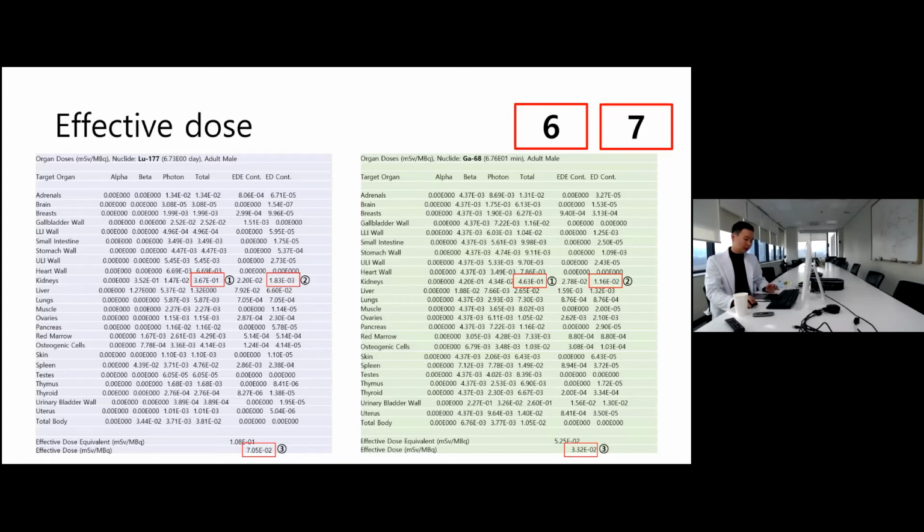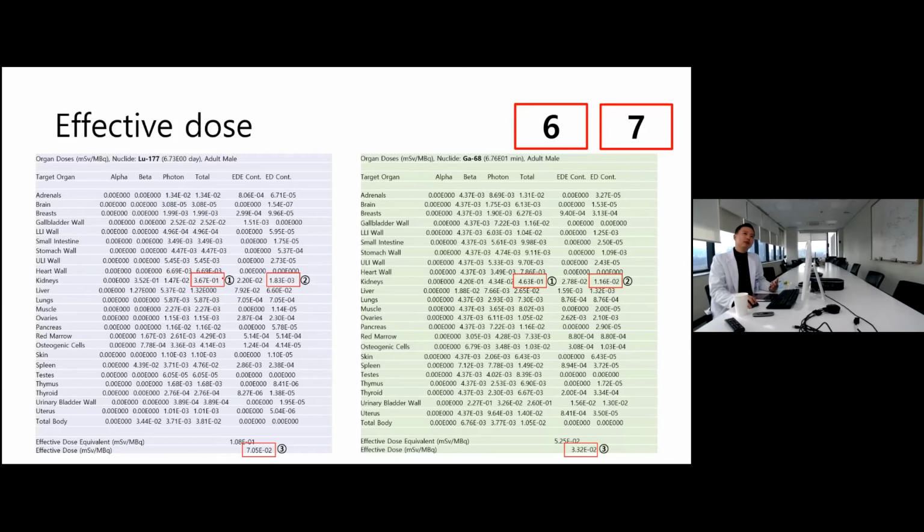Actually, this is my opinion on how we should think about it. So what this result means is that the 0.37 is the total absorbed dose.